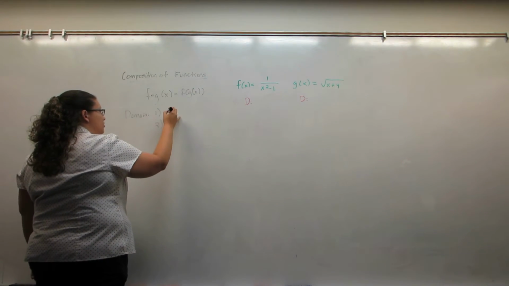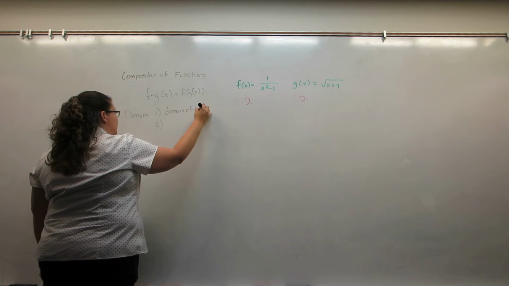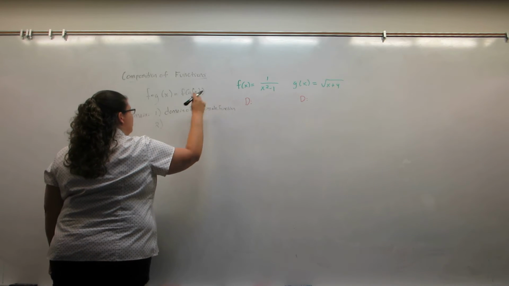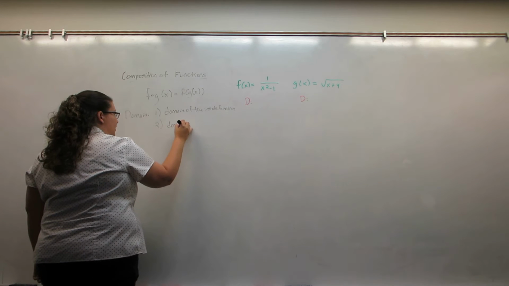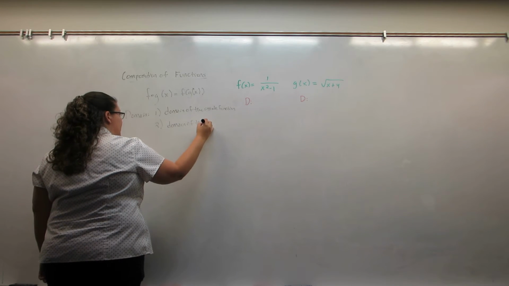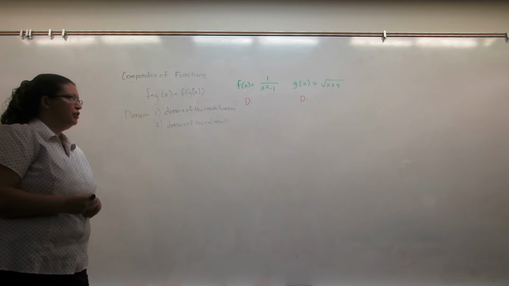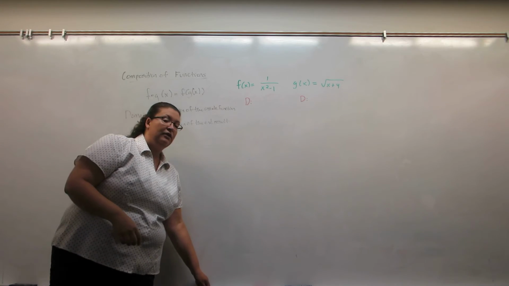So for the domain, you look at the domain of the inside function, which in our standard notation is g, and then you're going to look at the domain of the end result, what you get after you do the composition and clean it up a little bit. Okay, so we'll see what that means in our example.